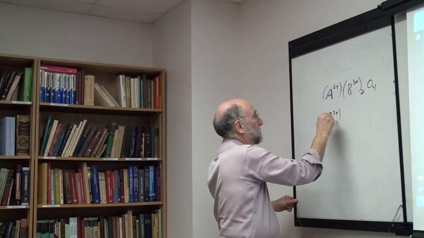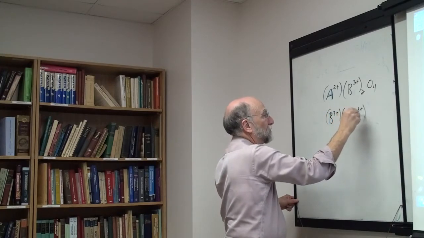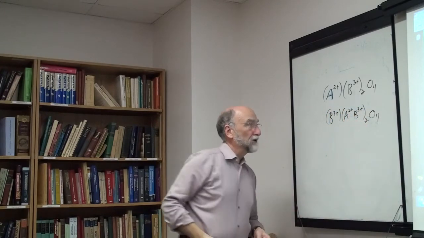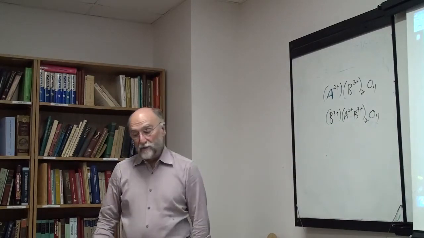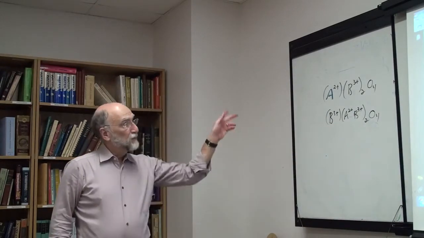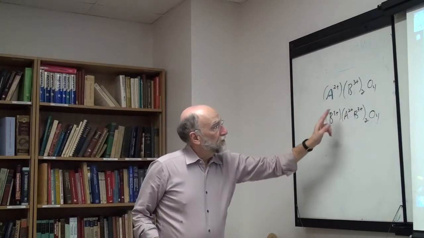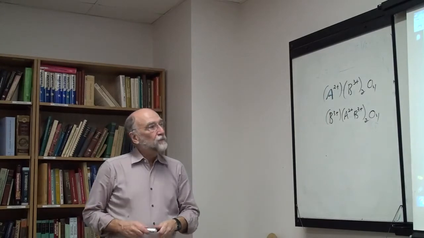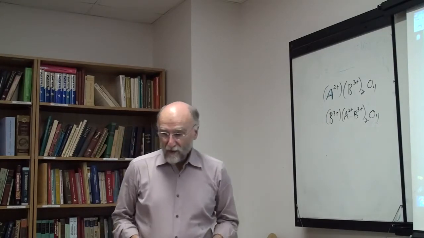Or the other extreme is B3 plus, A2 plus, B3 plus 2O4, which is called an inverse spinel. With these, the trivalent ones prefer the tetrahedral sites. Most spinels are mixed spinels, in which you'll have some 2 plus and 3 plus on both sides. And there's a site inversion energy, which tells you which way you want to go.